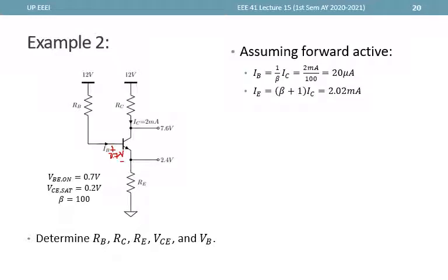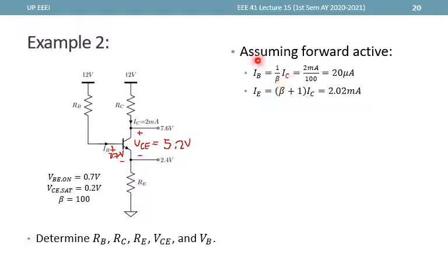And aside from that, given that the collector is at 7.6 and the emitter is at 2.4, then VCE can easily be computed as 7.6 minus 2.4, which is 5.2 volts. And that is greater than VCE sat, which is 0.2, and therefore we're actually sure by this point that this NPN BJT is in the forward active.